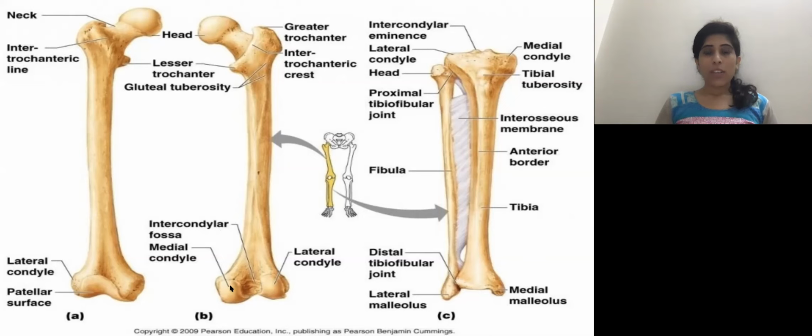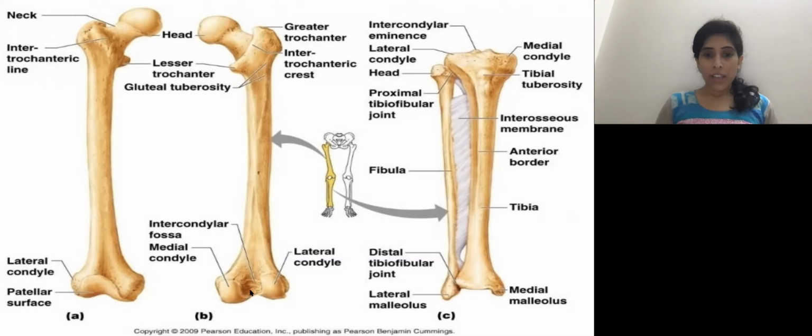As we all know, the distal part of the femur and the proximal part of the tibia articulate for the tibiofemoral joint. So we have the medial condyle, then the lateral condyle of the femur, and just like the femur, we have the medial condyle and lateral condylar surface on the tibia.